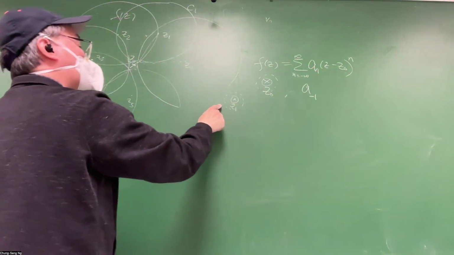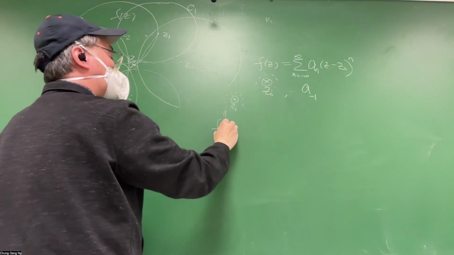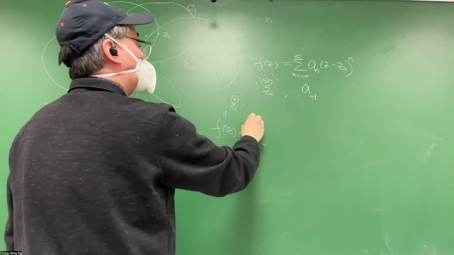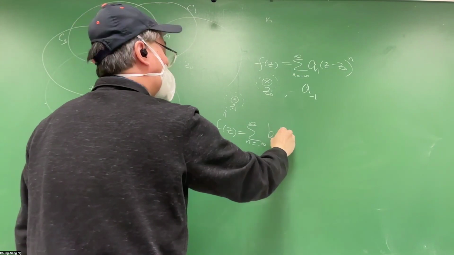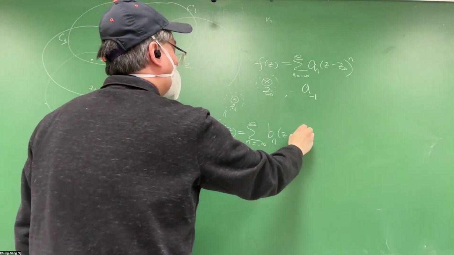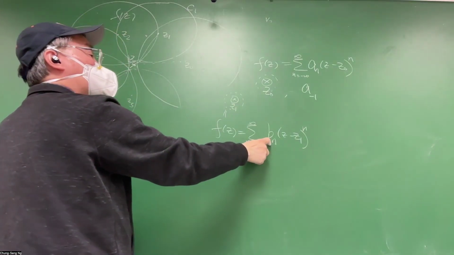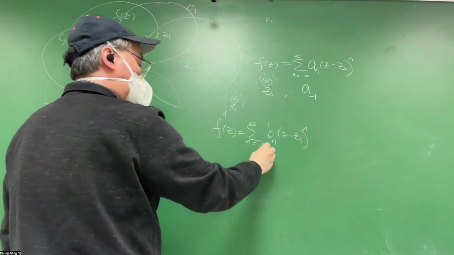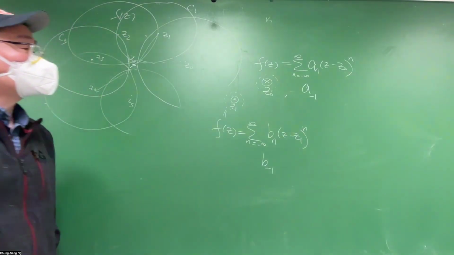But if you have another singularity, then the expansion will be different. I don't know what you call it, but you already have a sub n, so you call it b sub n. You expand over another singularity, then you have a different set of coefficients, and the b minus one coefficient will be the residue of this singularity.